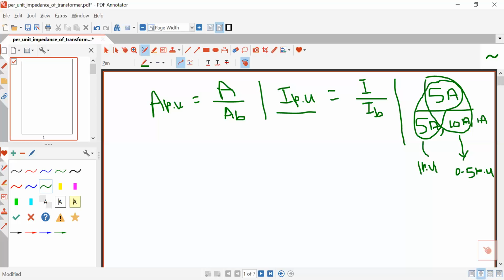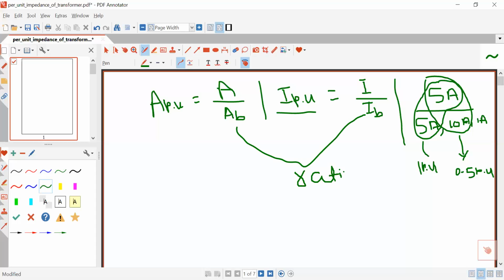And the second thing which I discussed in the previous lecture is that it is usually recommended, it is usually suggested, to consider the rating of the machine as the base value. It is just a suggestion.